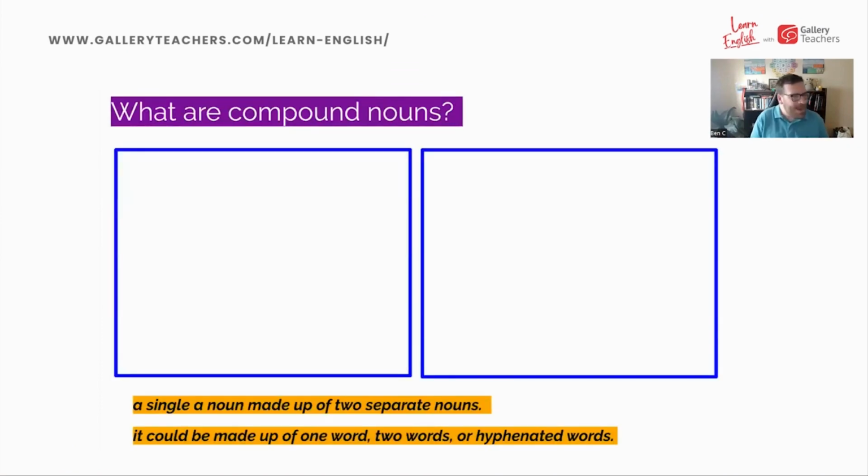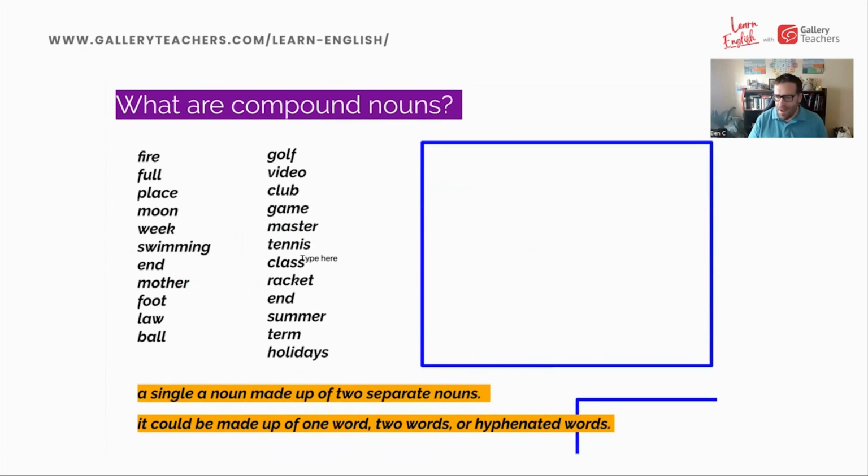Okay, to begin with, let's think about what compound nouns are. We need to look first at what nouns are themselves, right? So let's look at some basic nouns here. Fire, full, place, moon, week, swimming, end, mother, foot, law, ball, golf, video, club, game, master, tennis, class, racket, end, summer, term, holidays.